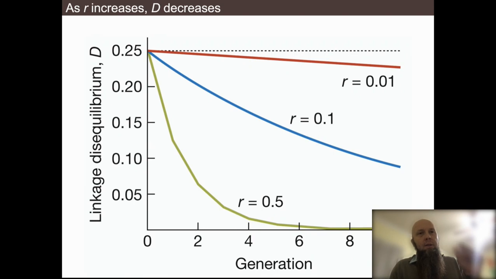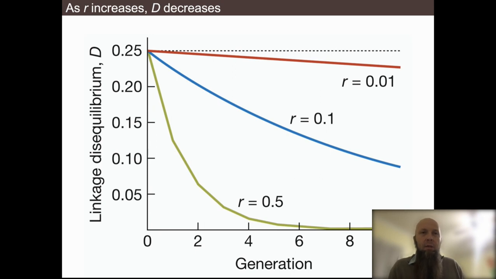So as the recombination rate increases, so that R number from the previous slide, the higher that R number is, the further apart they are, the faster linkage disequilibrium decreases.